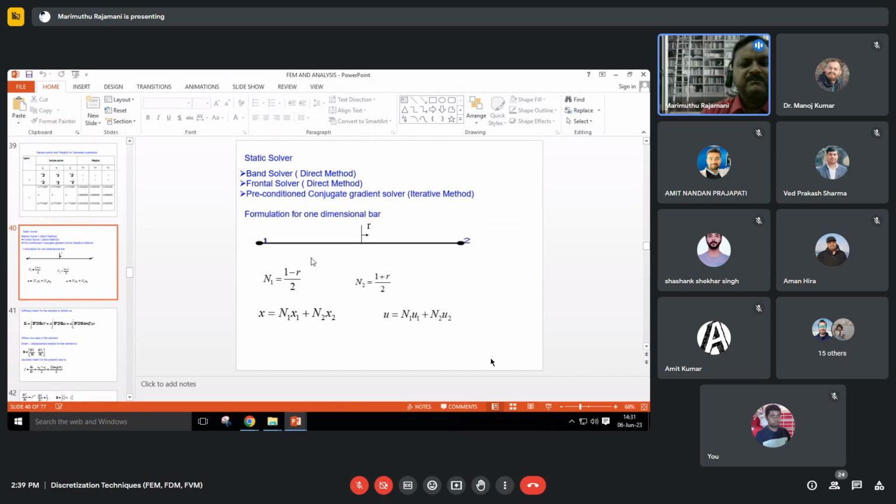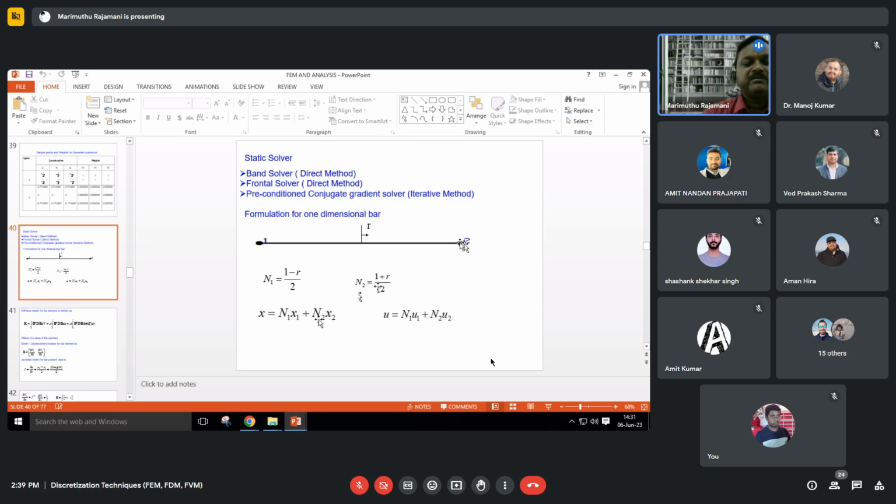You take this 2 noded bar element, and x equal to N1 x1 plus N2 x2, u equal to N1 u1 plus N2 u2, where N1 equal to (1 minus r) by 2, N2 equal to (1 plus r) by 2.